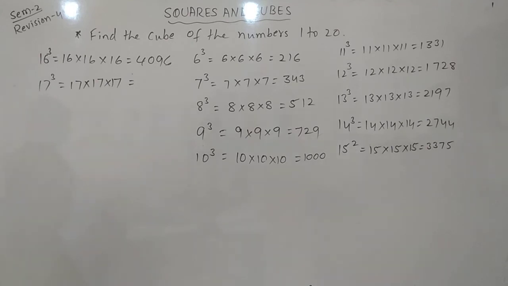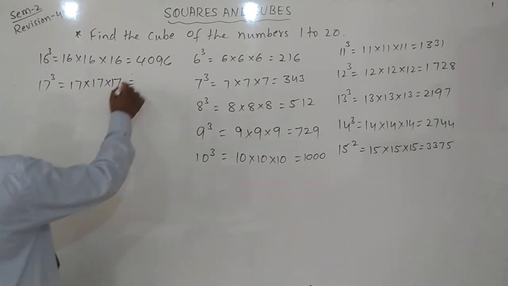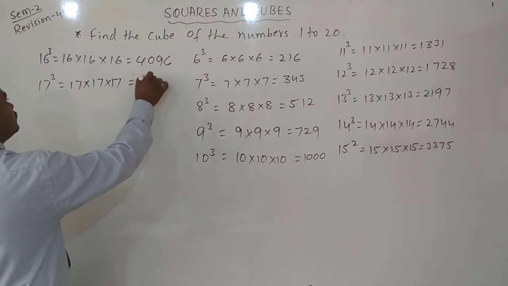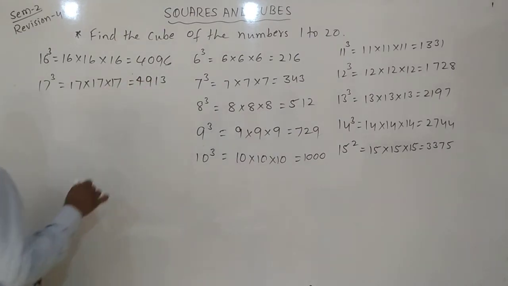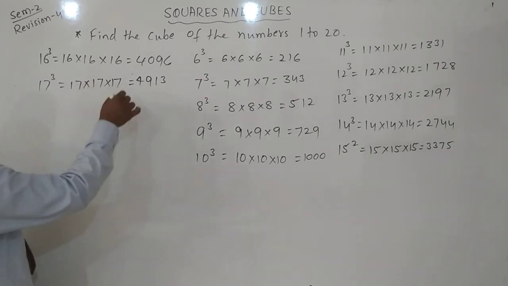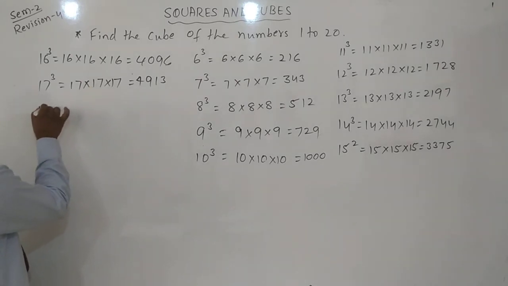Yes, that is equal to 4913. 17 square is 289, again 17.